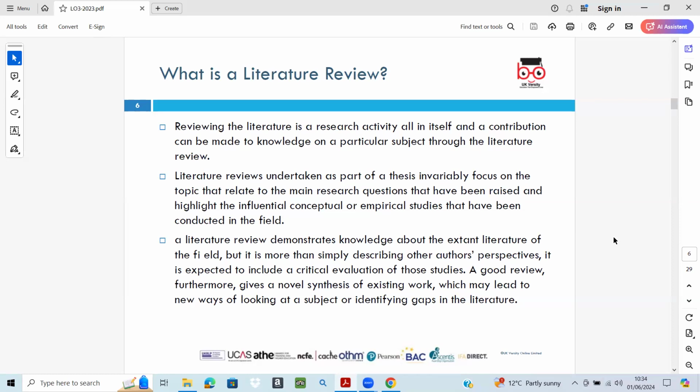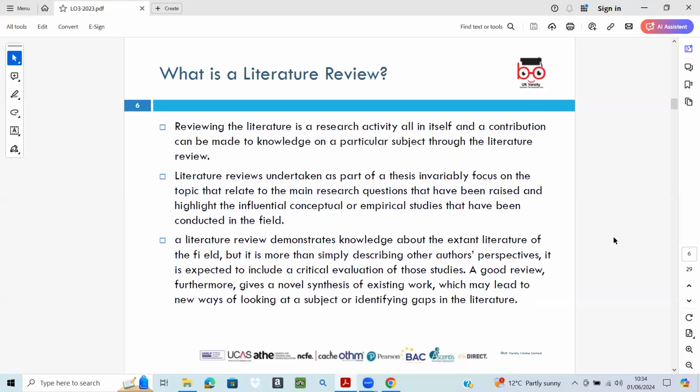For novel synthesis, a literature review should provide a new perspective or a comprehensive synthesis of the existing literature. This might involve combining findings from multiple studies in a way that has not been previously done.